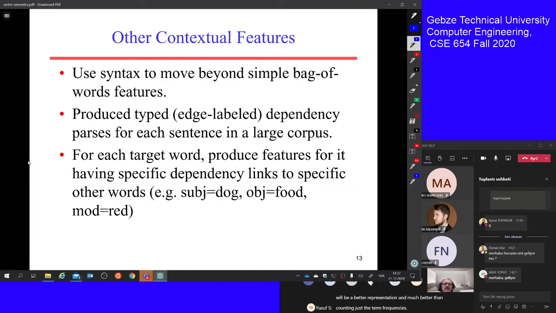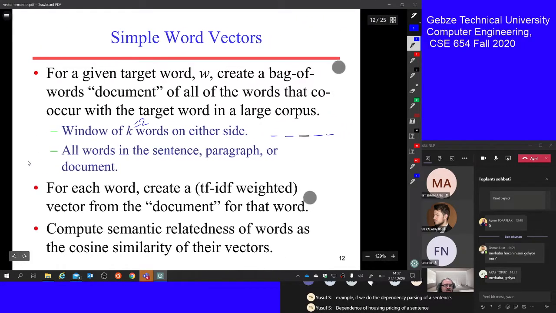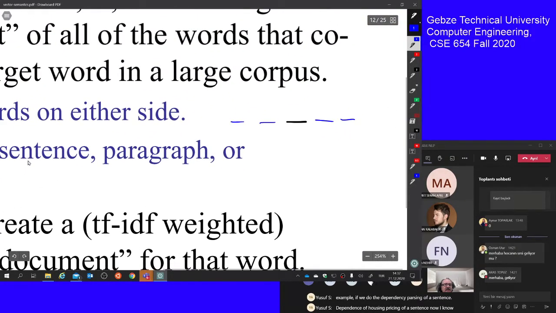Maybe we can go a step further and use other contextual features. For example, if we do the dependency parsing of a sentence, now I know how this word is connected to the other words. This one is the object. This one is the subject. This one is the determiner.